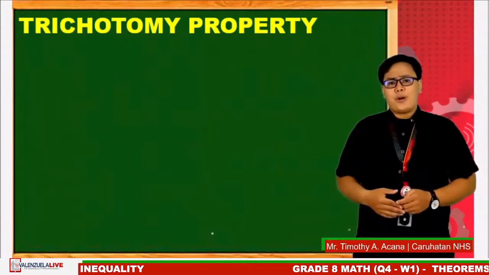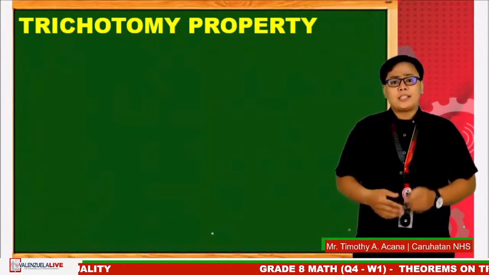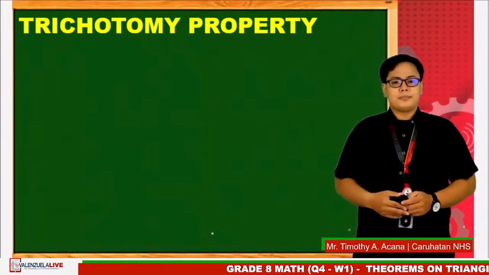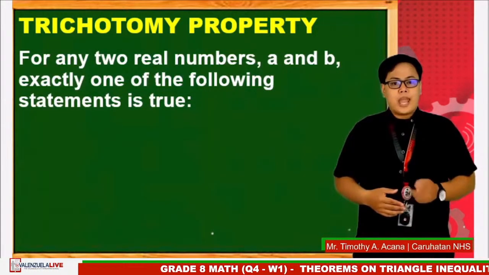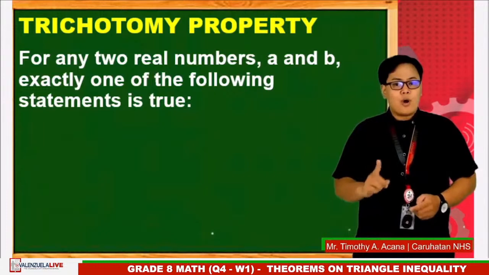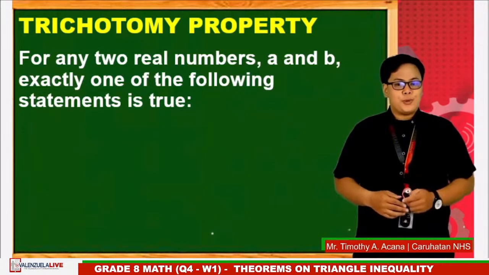Before we proceed to our lesson, let us first define the trichotomy property. It says, for any two real numbers A and B, exactly one of the following statements is true.